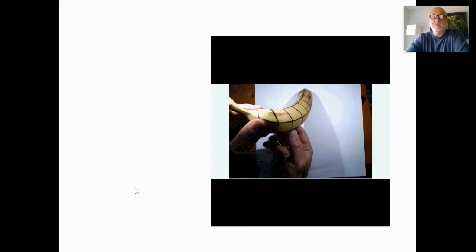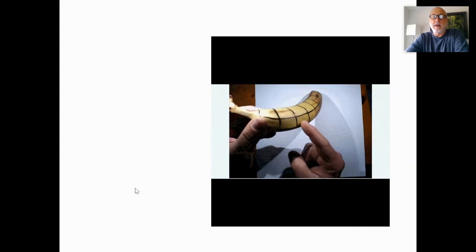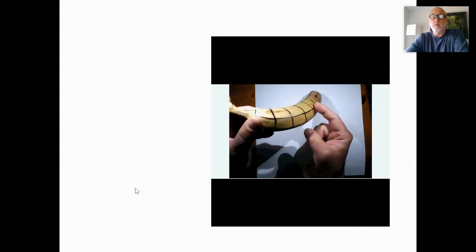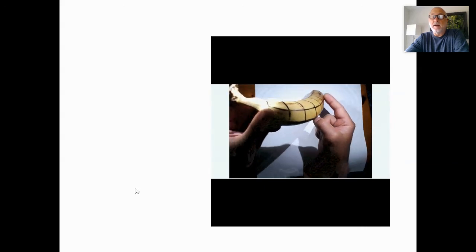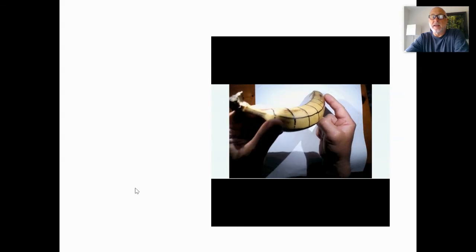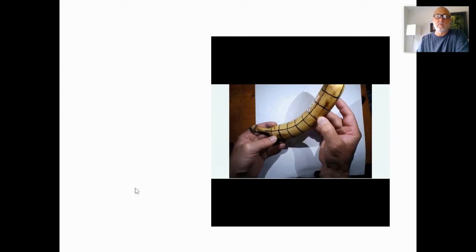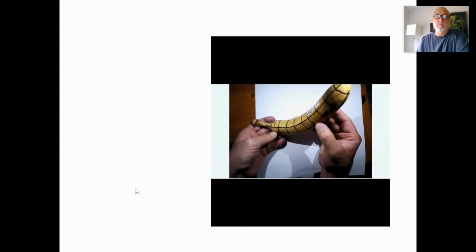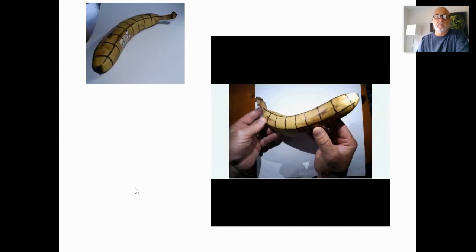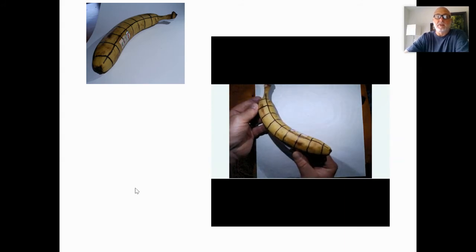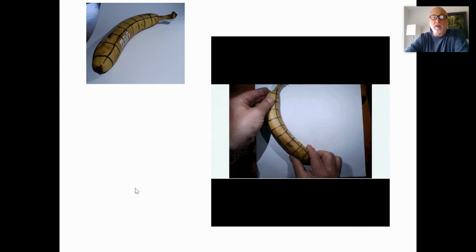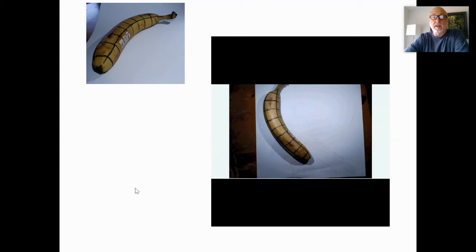Also notice that as the banana gets farther and farther away, those contour lines that were evenly separated are now appearing to get closer and closer together. So let's set this banana aside, and I'll leave the contour lines on it so that you can see what it is that I'm drawing.